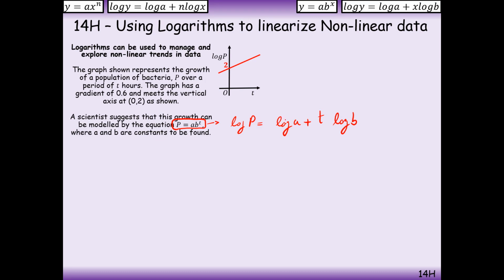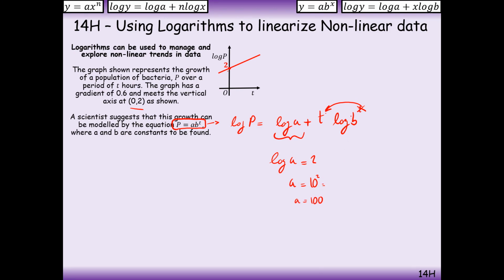If you don't know, first you break this into two logarithms, and the t as the power of b will come and sit here. Now we were told that the intercept is 2. So this log a, we can immediately write log a equals 2. Therefore a is 10 raised to the power of 2, which is 100.